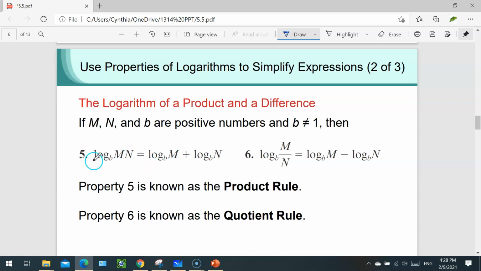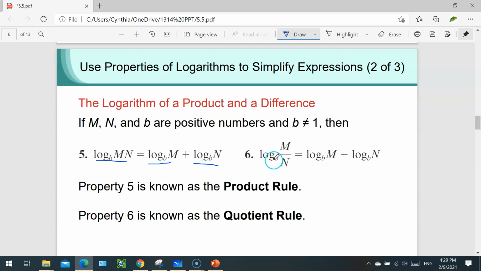So you convert a single logarithm, right? This one, you only have a single logarithm. It turns to 2 individual logarithms. We call this expanding the logarithm form.